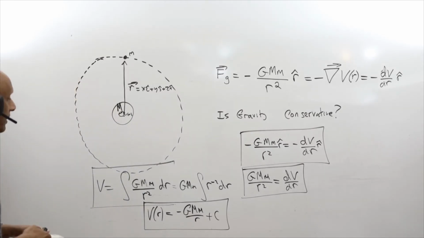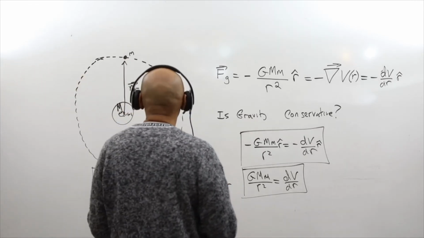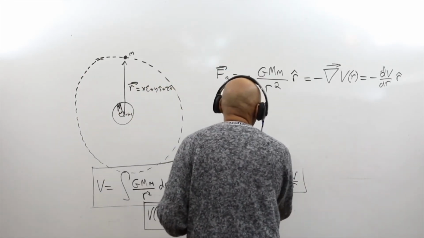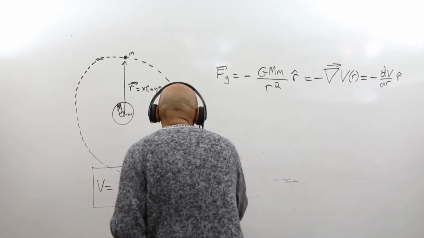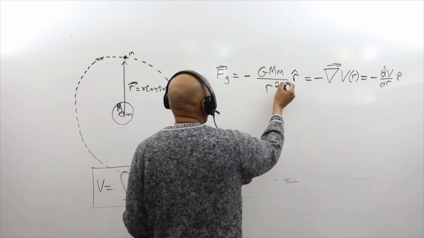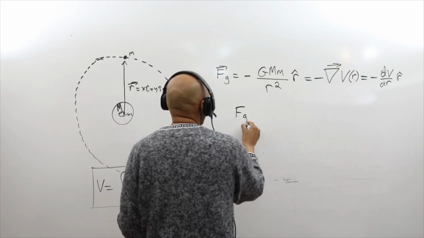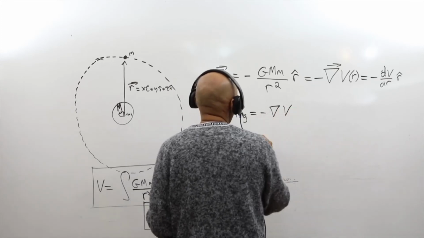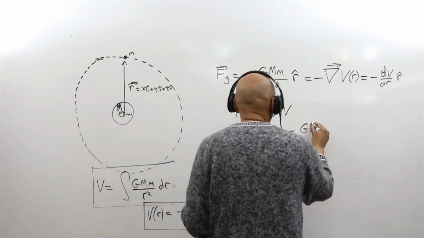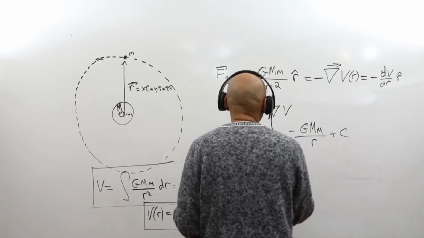So if we have a gravitational central force, let me summarize this. If we have a central force of minus G M m over r squared, then the force of gravity is associated with the gradient of V, where V at r is given by minus G M m over r plus a constant.